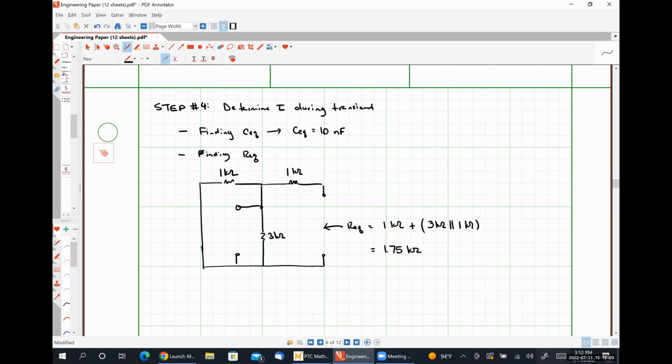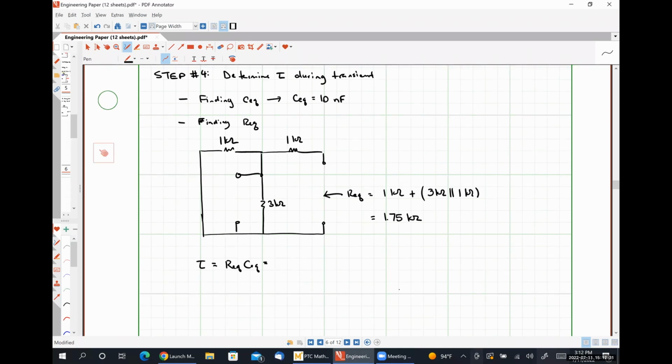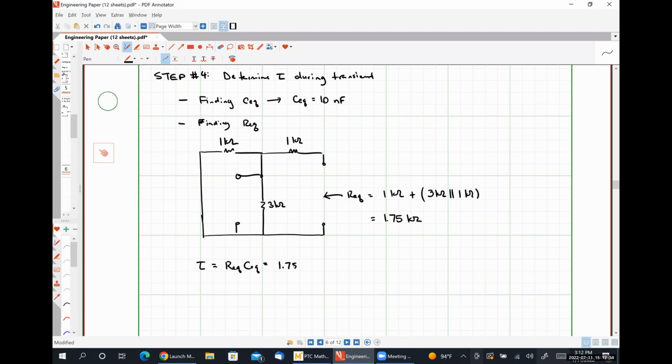All right. So from here, tau is simply REQ times CEQ. So that's 1.75 times 10 to the 3 multiplied by 10 times 10 to the minus 9, which comes out to be 1.75 times 10 to the minus 5 seconds.